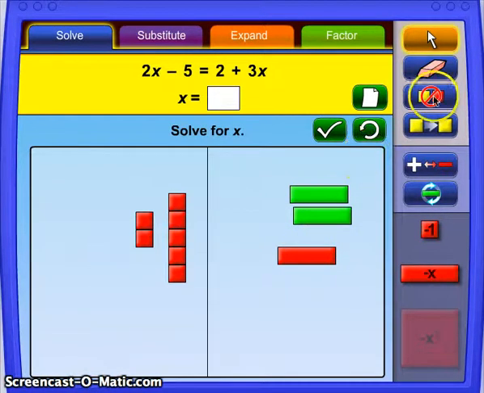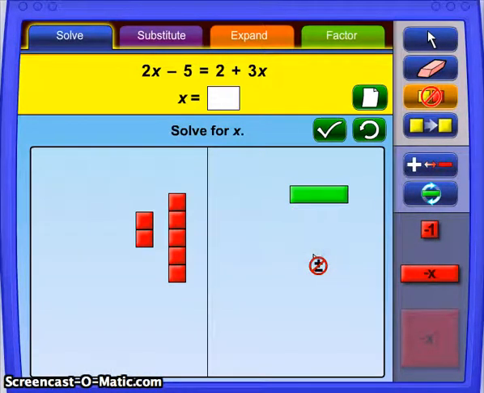Okay, so let's try that one more time. So we're going to click on the get rid of 0 pairs, click on a positive x and a negative x, and they disappear. So what we have here is 1x, and on the left side we have negative 1, 2, 3, 4, 5, 6, 7.